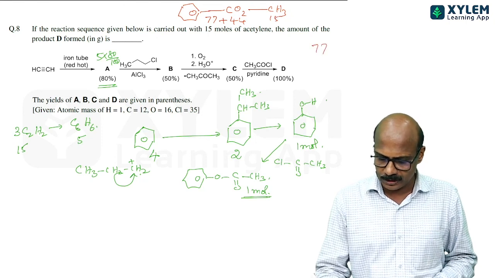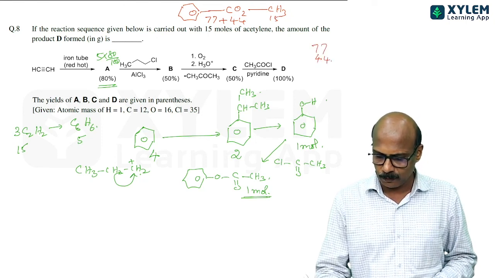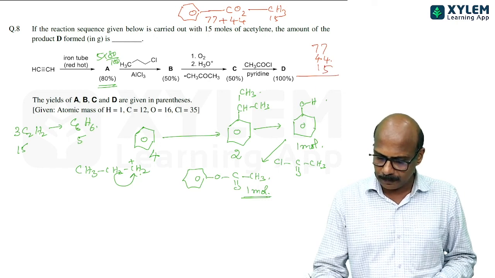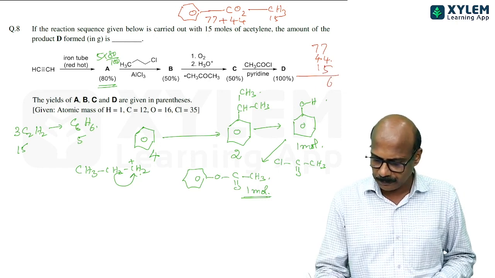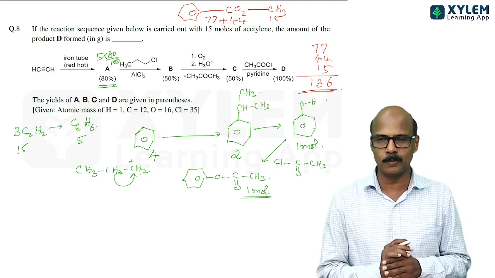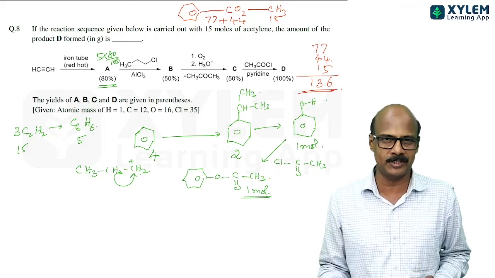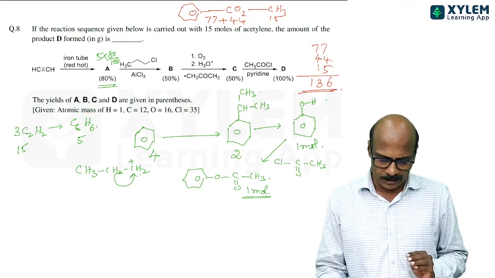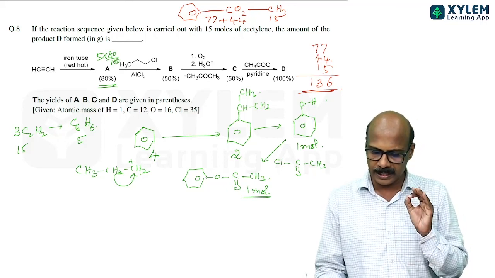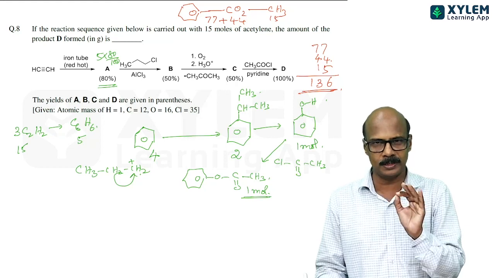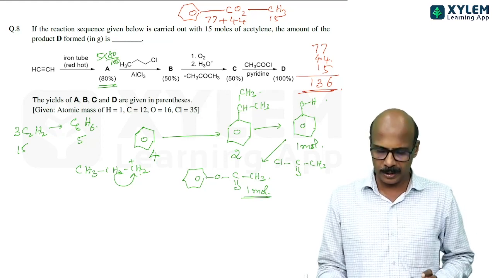Adding all these things, 77 plus 44 plus 15, you will get 136, that is obtained as its molar mass. That will be our answer. Here you please note that the answer is exactly 136. So 136.00 can be our answer.